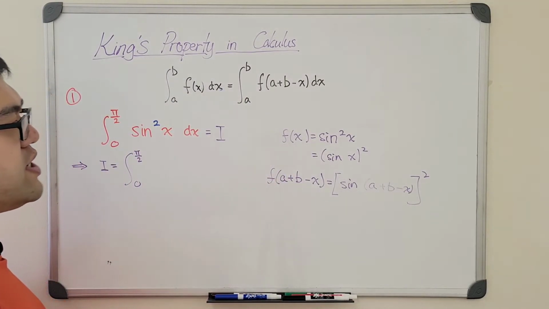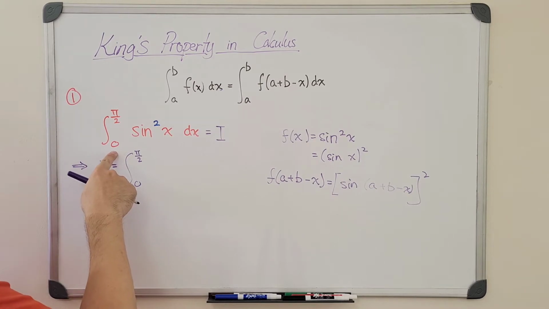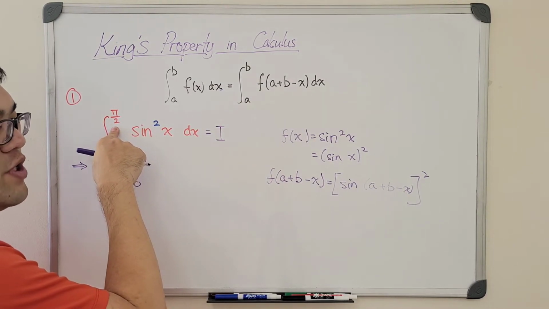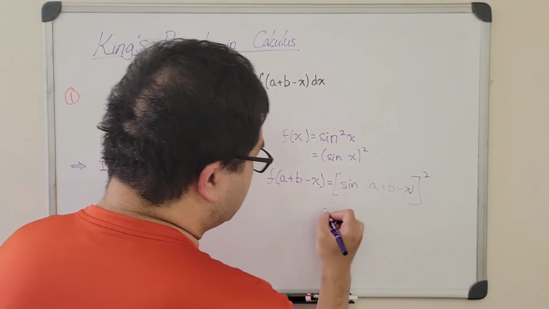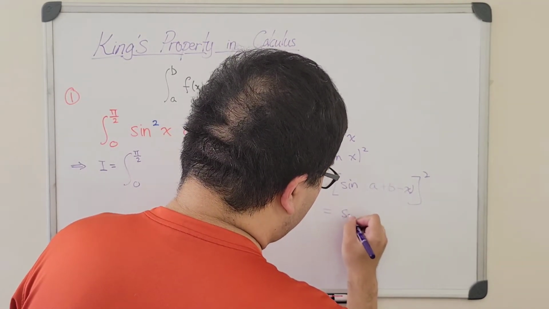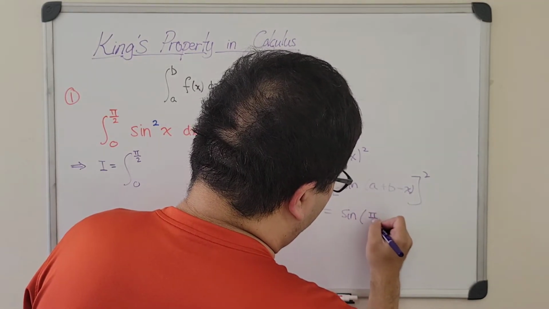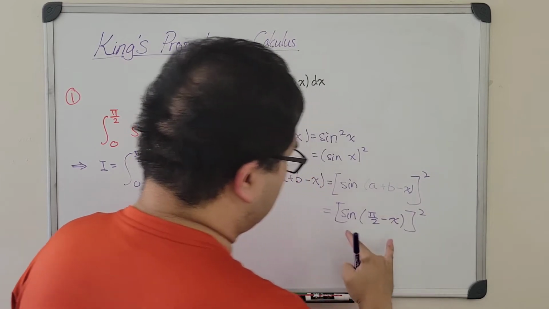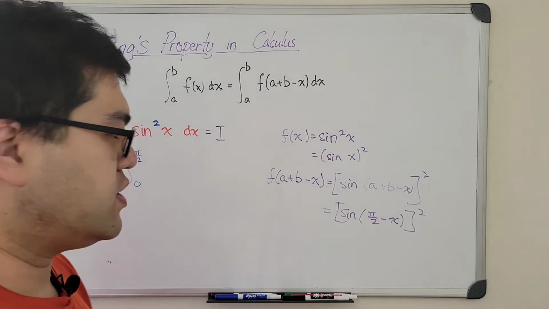Okay, but what's a and what's b? A is our lower bound 0. B is the upper bound, which is pi over 2 here. So by substituting in, we have sine of pi over 2 minus x quantities, the square of this quantity.